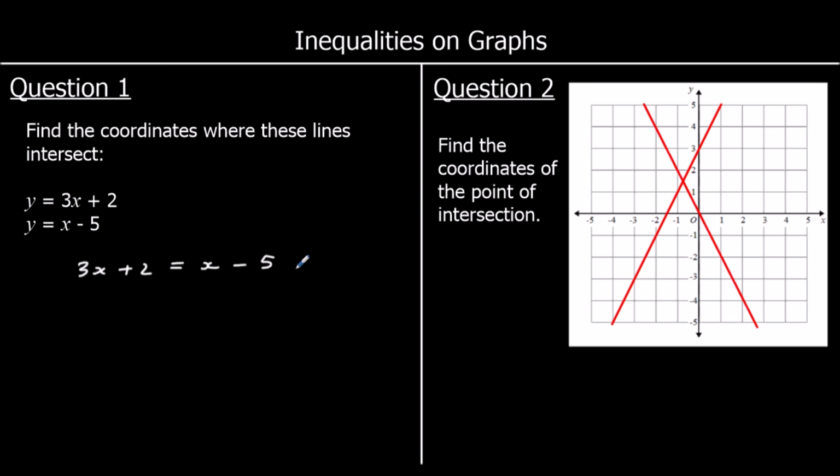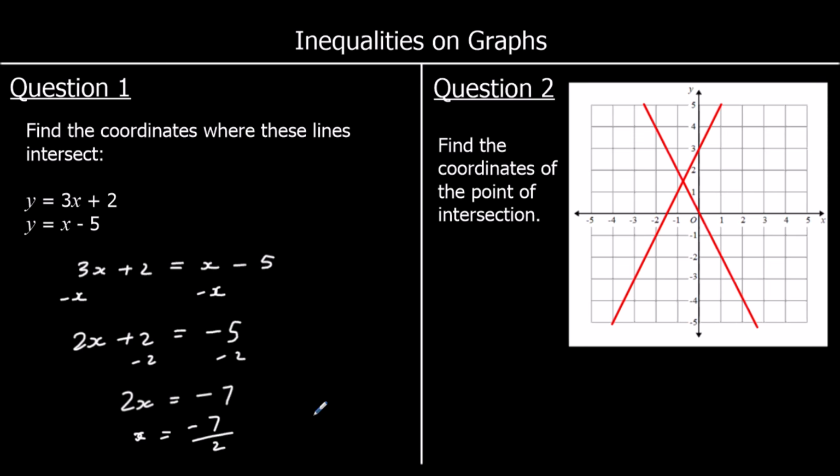We're going to get rid of the smallest x first, so take x away from both sides. 2x plus 2 is negative 5. Now take 2 away from both sides. 2x equals negative 7. And divide both sides by 2. X is minus 7 over 2, or minus 3.5.